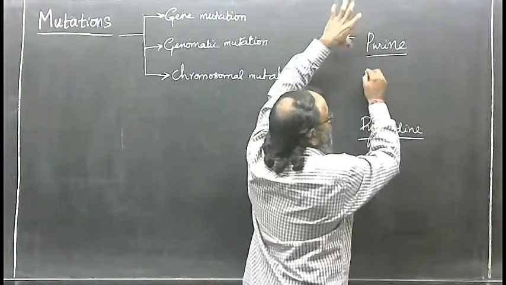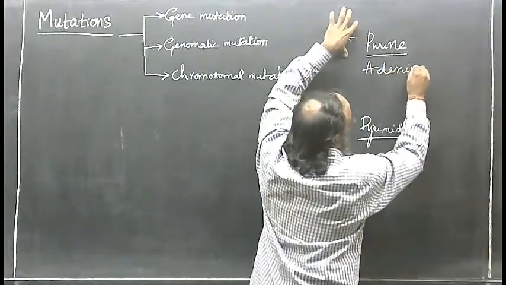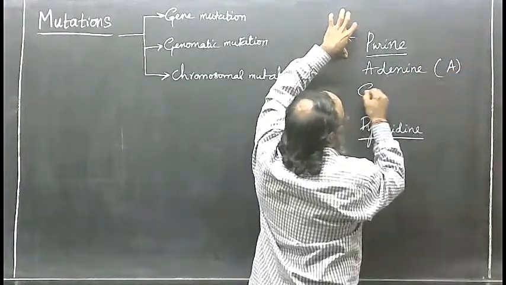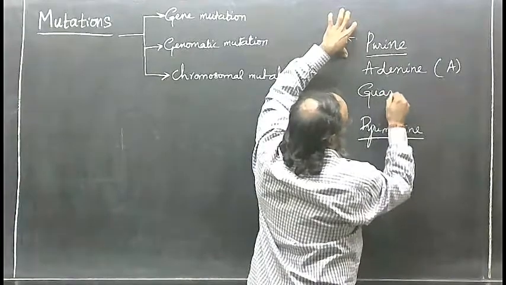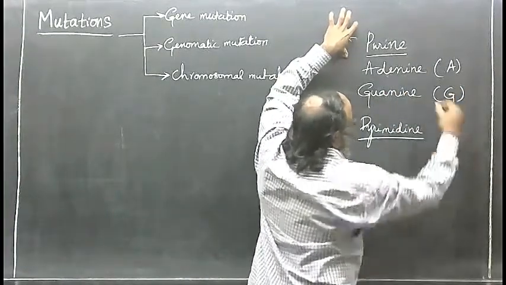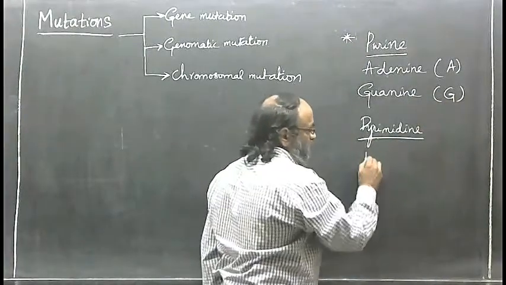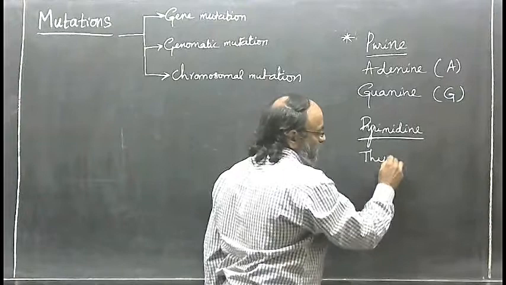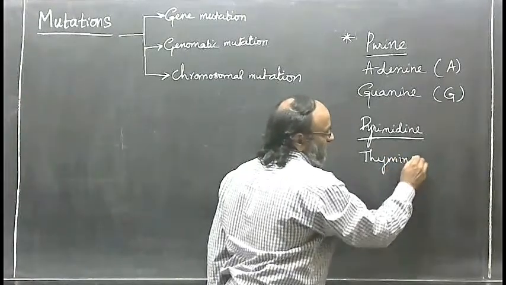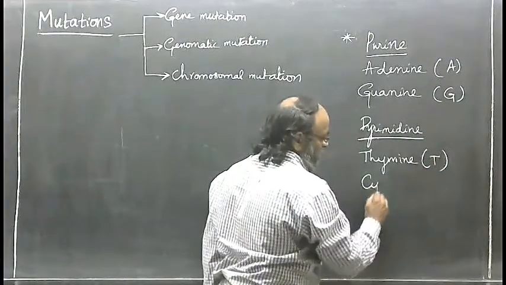The purine bases are adenine and guanine, whereas the pyrimidine bases are thymine and cytosine.